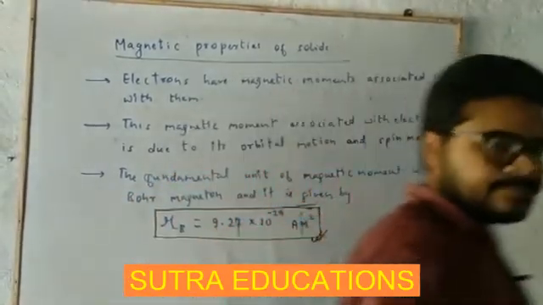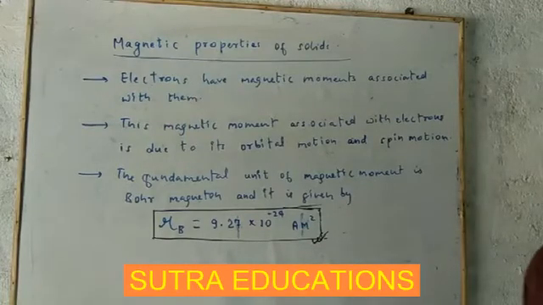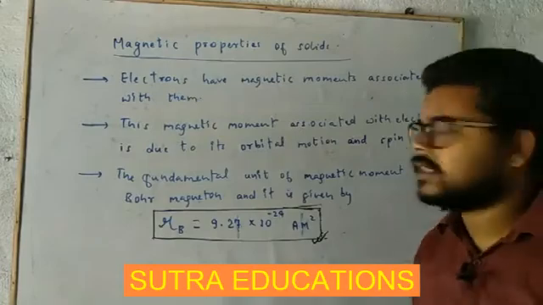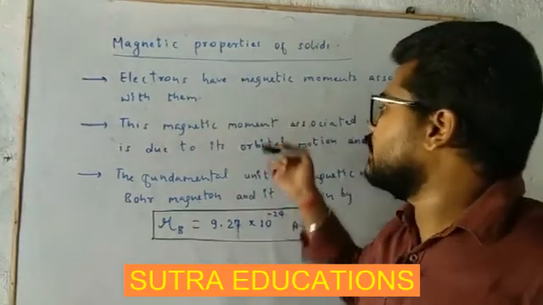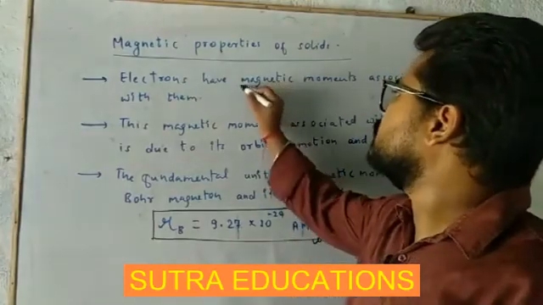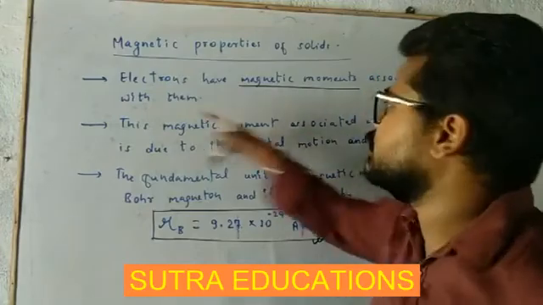So what is magnetic properties of solid? I told you magnetic properties of a solid is due to the presence of electrons in solid. These electrons have magnetic moments associated with them.